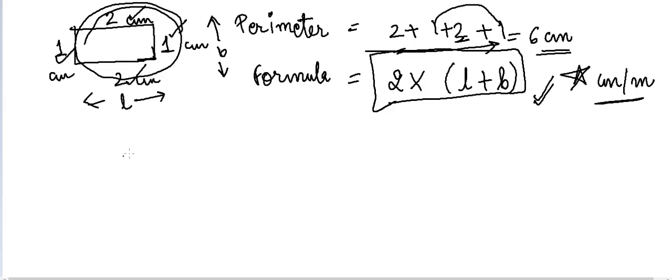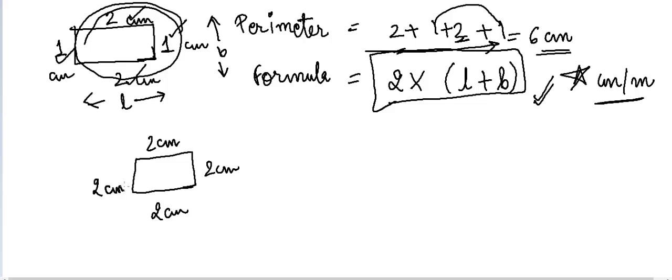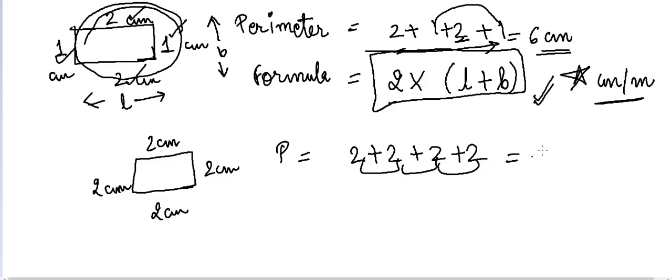Now let us take it for a square. A square is a shape which has equal sides. So let it be 2 centimeter, 2 centimeter, 2 centimeter and 2 centimeter. Apply the basic concept for calculating the perimeter, that is, addition of all the sides: 2 plus 2 plus 2 plus 2. It's 4, 6 and 8.